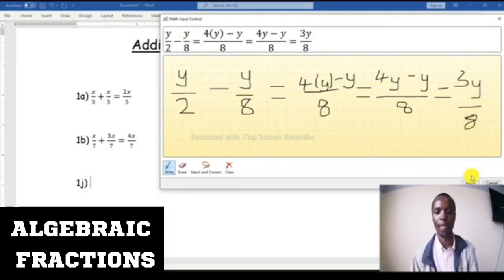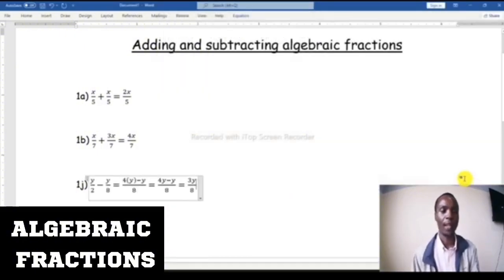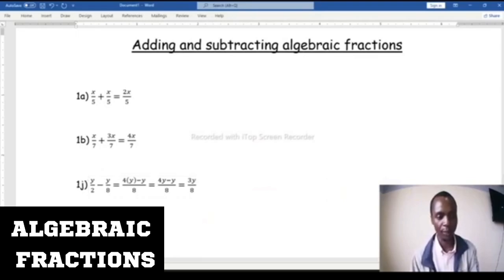And then the last one is number 2c. It says 5c over 7 minus 2c over 5.